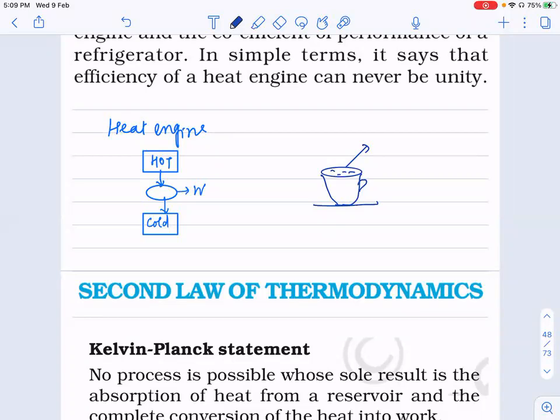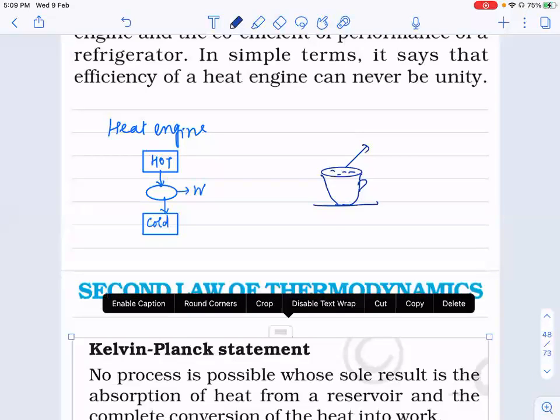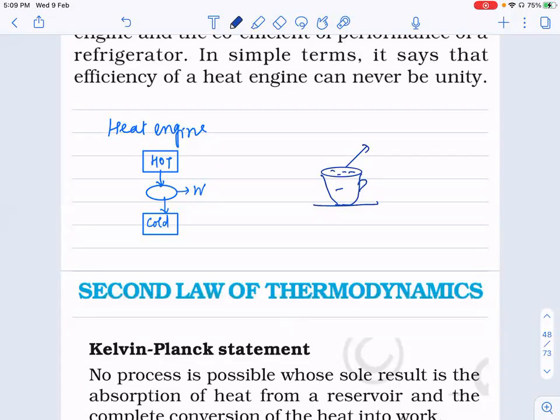Is it possible कि heat surrounding, which is at lower temperature, है ना? ये इसका temperature T1 है, surrounding का T2 है, तो T1 से T2 तो heat चली जाएगी. But if heat comes back, can the surrounding give the heat to the hot coffee? इसमें heat आ सकती है?